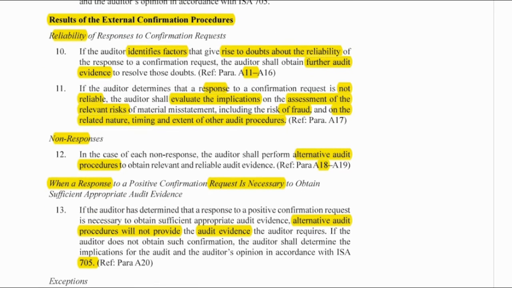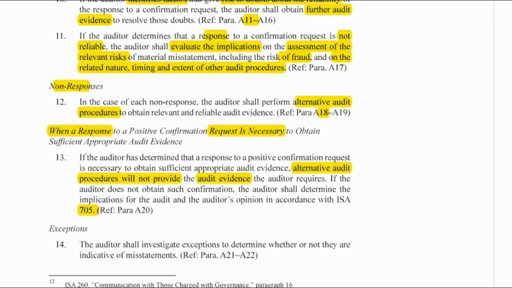Okay, if they don't confirm, then this could give us doubts about the reliability, and we will need to do further audit work to get the evidence that we need. It could be an indication of fraud. So this is if, first of all, we send it, but they don't actually get back to us, and then also the same situation, if we ask management to send and they say no, then it's the same risks that we're facing.